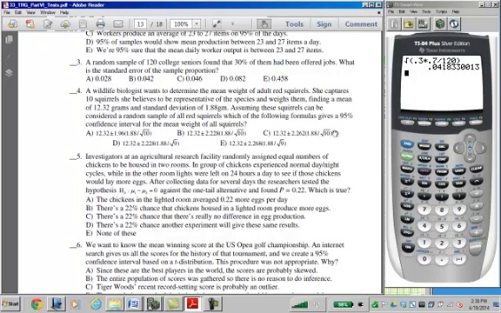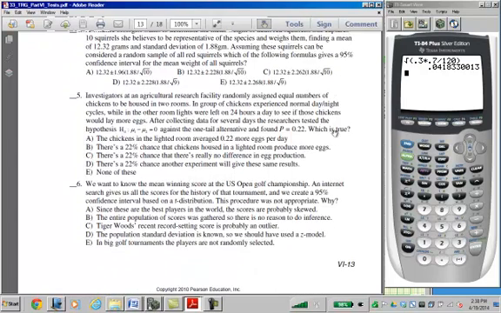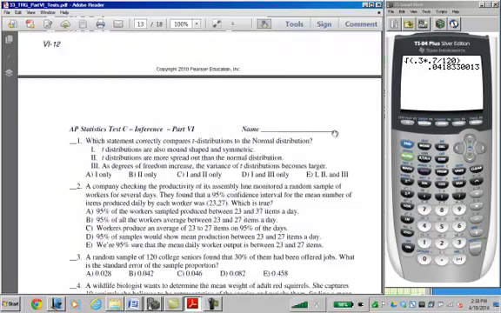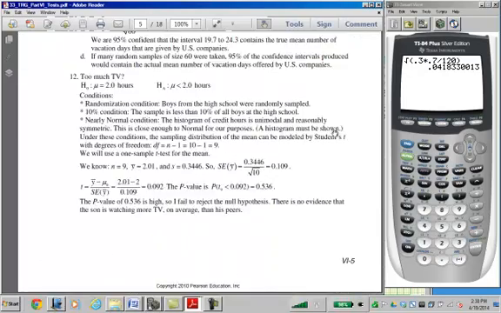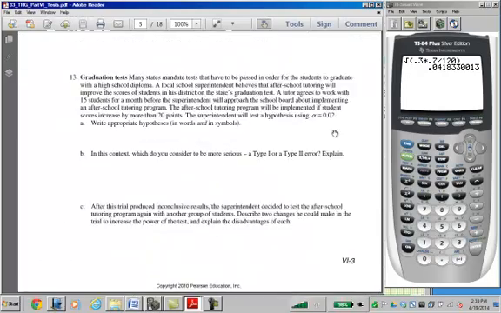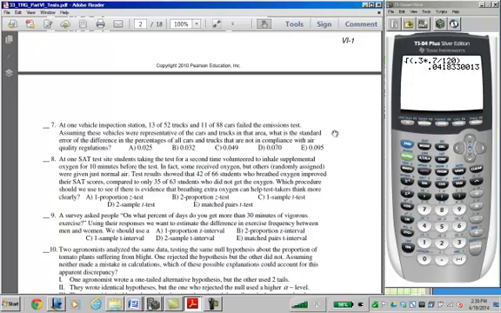Let's see. We're going to go back up to the top. It doesn't look like they asked that type of question here. All right, so where were we?